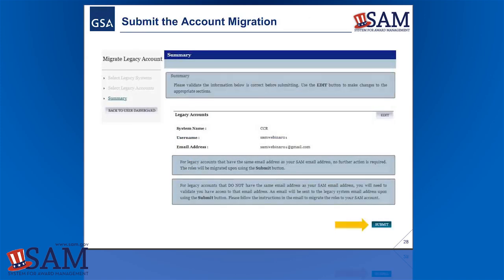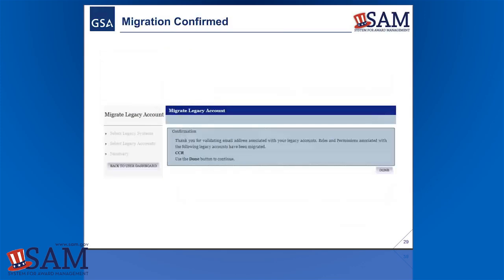It'll say in CCR, your username and this email address were connected. Is that what you want? You would say yes, and that's all there is to it. Of course, that's in a not perfect world, but that's if you have the information in the right email address and you can get to it. That's what you want to do.